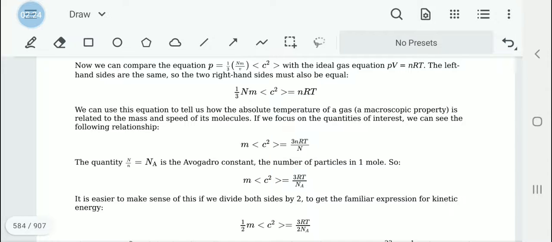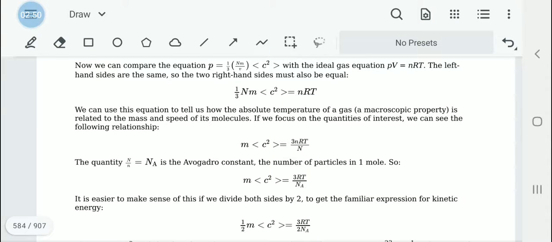Right? So you should remember how N and simple n relate to. Then from there we can take m multiplied by average C squared is equal to 3 RT upon capital N A, Avogadro constant.